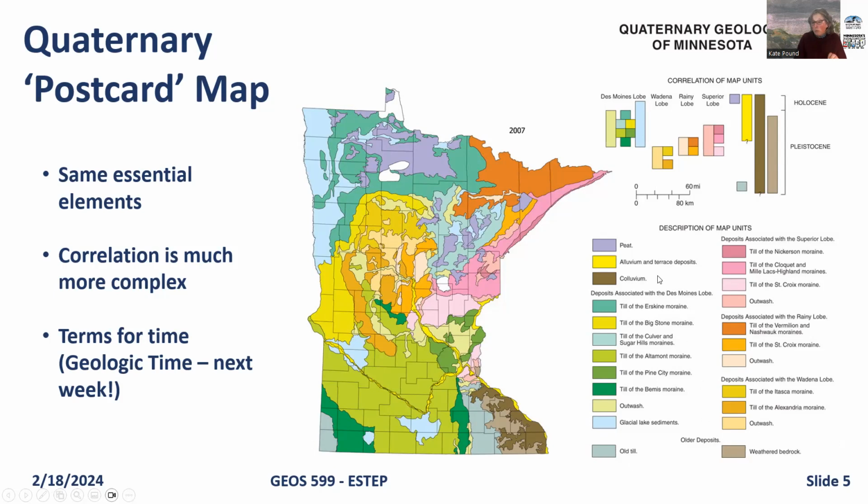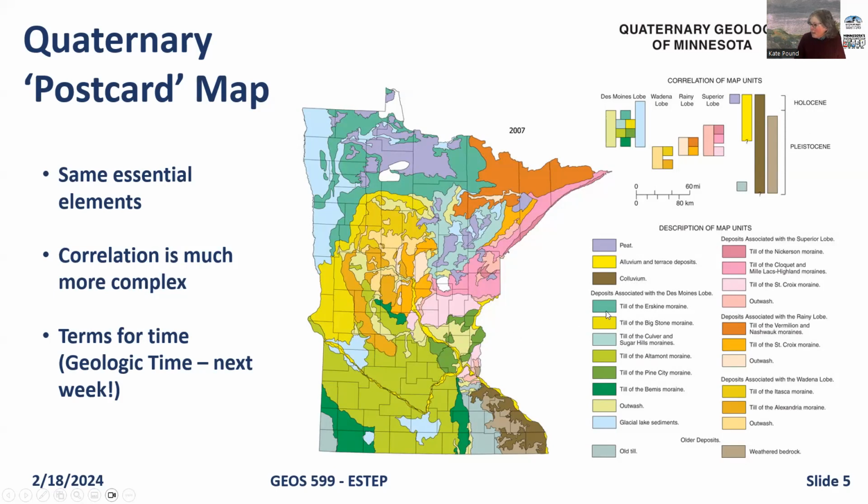But going back to what I was saying before about how the description of map units is organized, it's organizing them based on the lobes of ice that moved across Minnesota during the Quaternary, or more specifically the Pleistocene.